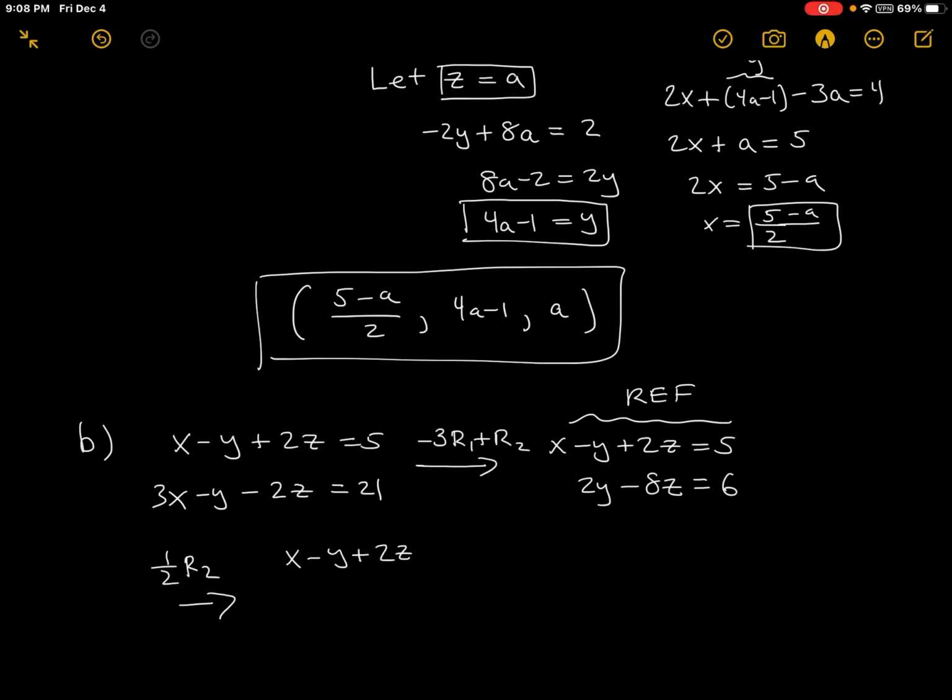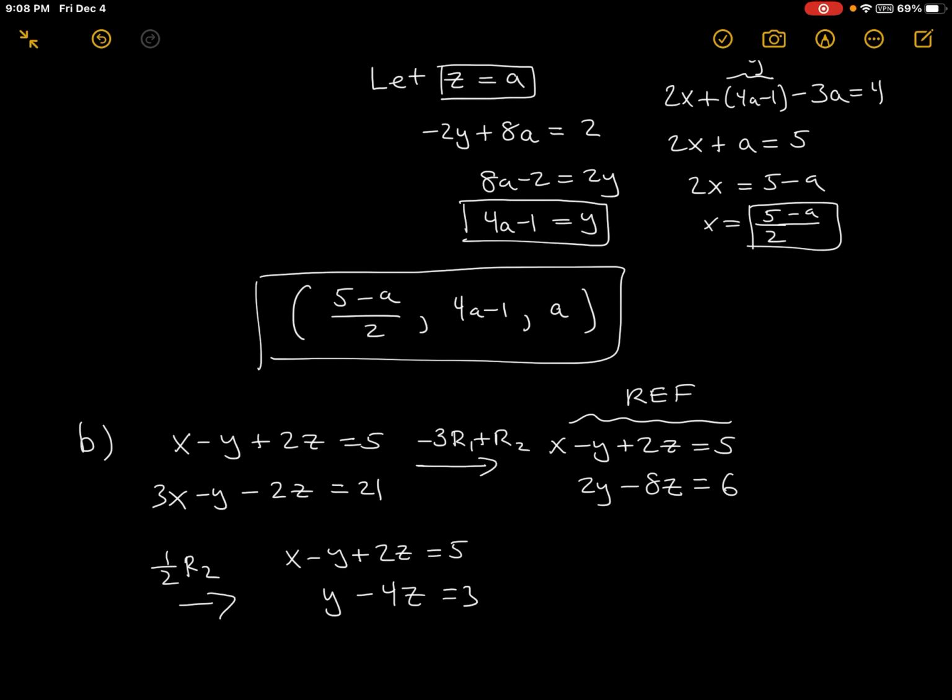And this will now be in what is called row reduced echelon form. Remember, you can multiply any row by a constant. Over here, you're going to get y minus 4z is equal to 3. Okay, so this is actually our REF.